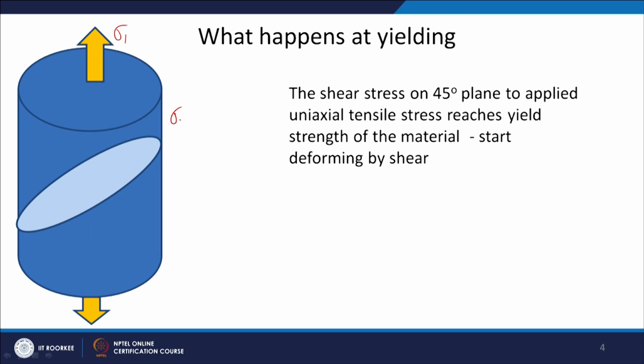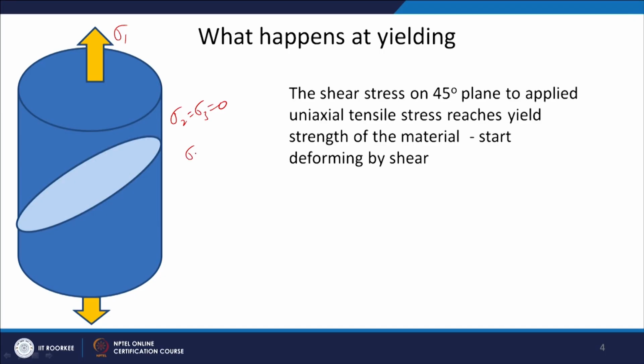So, sigma 2 and sigma 3 both are 0. Then my yielding under shear should take place when sigma 1 by 2 is equal to k, the shear yield strength of the material.